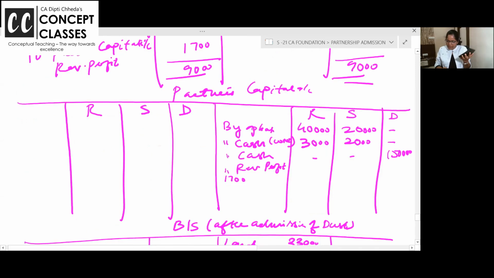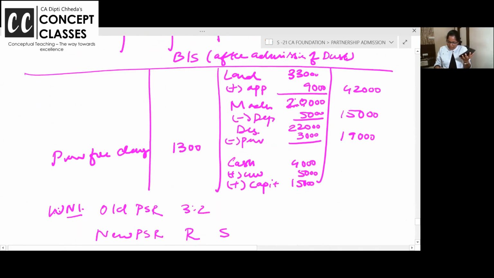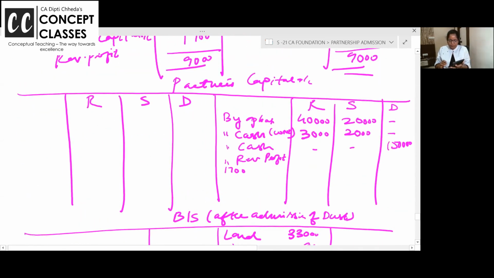What is the old ratio? It was given to you, old ratio 3:2. 1,700 into 3 by 5 is 1,020. And 680. Revaluation profit, give it to old partners in old ratio.